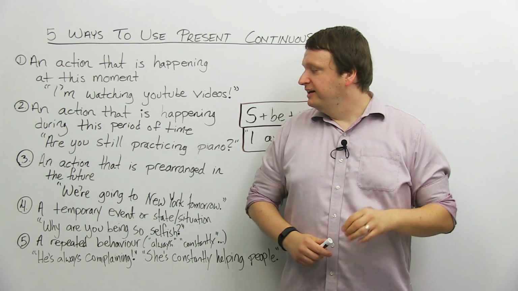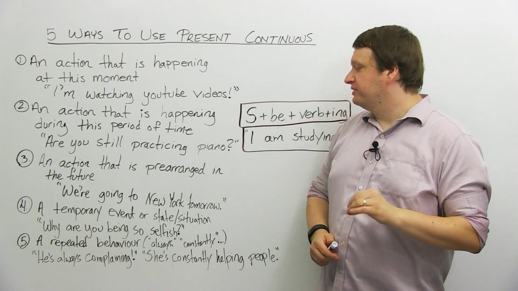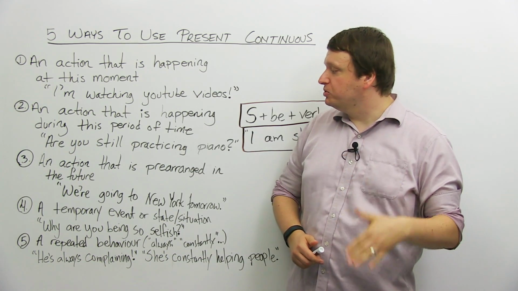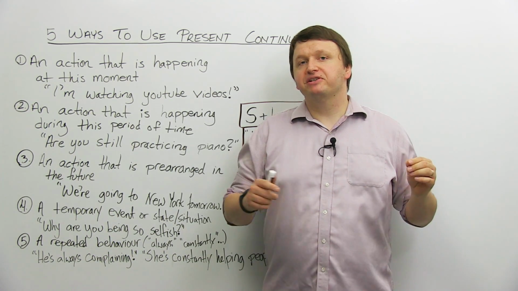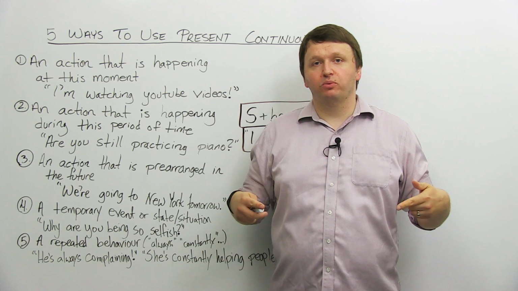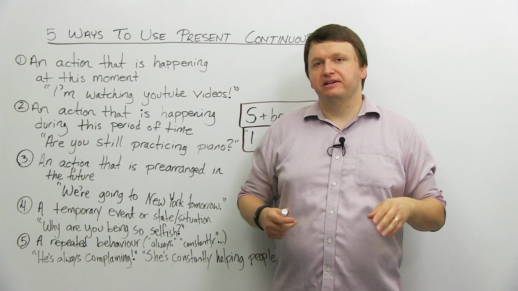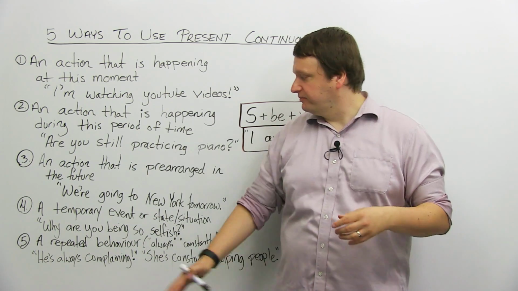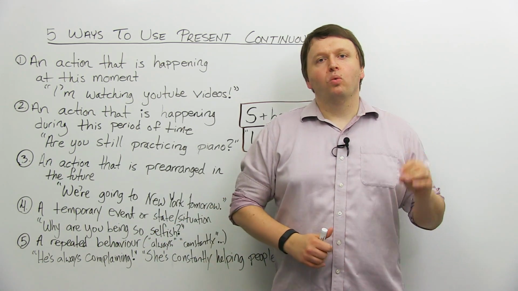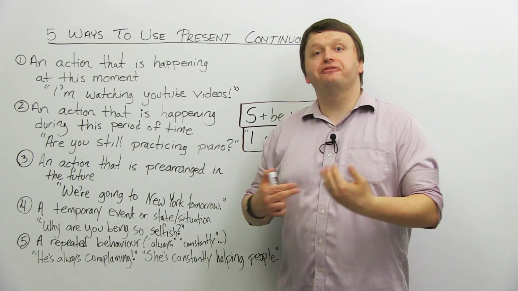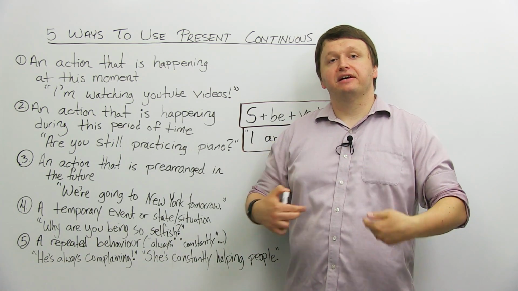Number 4, a temporary event or state or situation. So a person can be acting a certain way in the moment, and maybe they don't normally act this way. It's a temporary way of acting. For example, why are you being so selfish? You are acting a certain way.